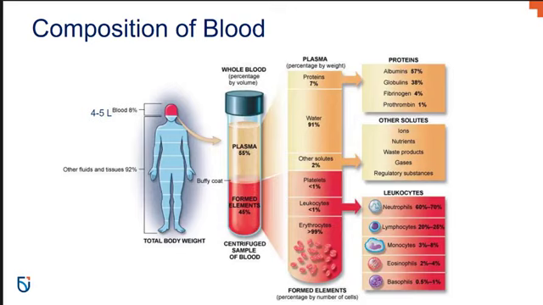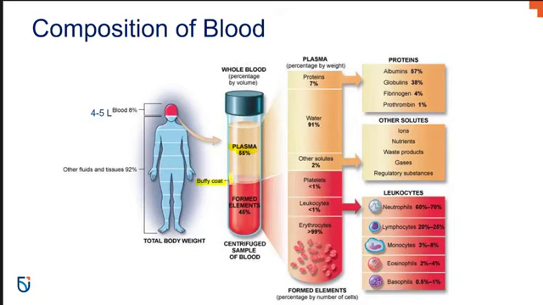Blood is far more complex than it is simple because it consists of not only a fluid, but also cells and cell fragments. If we look closely at this is whole blood. Everything here is whole blood, but we can separate our whole blood into its different densities, again, using a centrifuge unit, where we see that plasma makes up about 55% of whole blood, and it resides at the top.